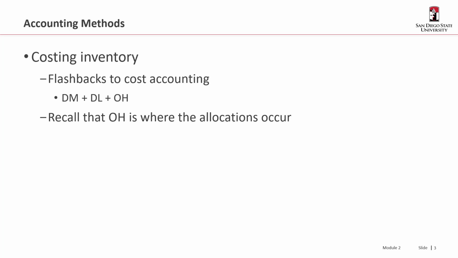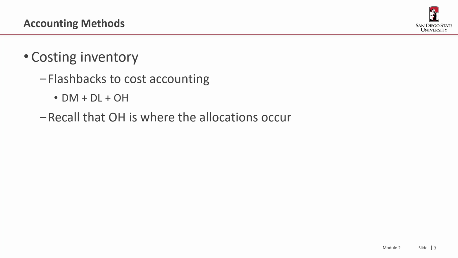let's talk about costing inventory here for a second. The way we're going to do that is flashback to our old course, where we should recall that direct materials plus direct labor plus overhead is your cost of inventory. And that overhead is where all the allocations occur, right?